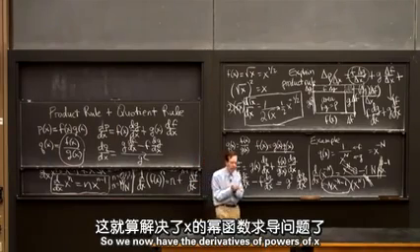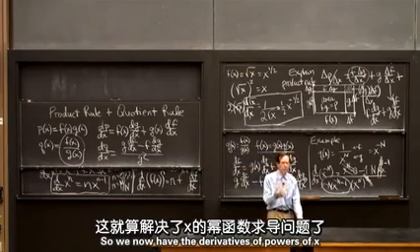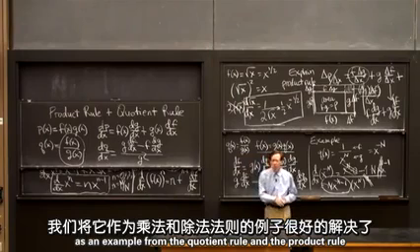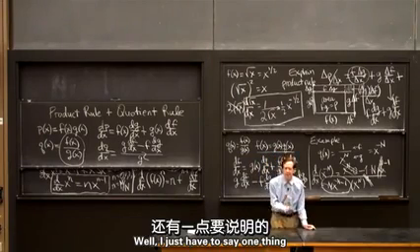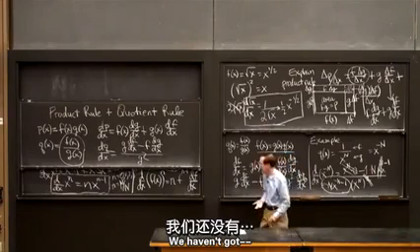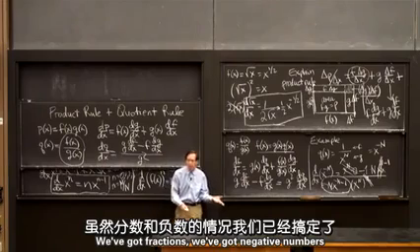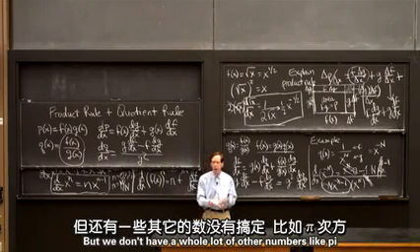So we now have the derivatives of powers of x as an example from the quotient rule and the product rule. Well, I just have to say one thing. We've got fractions, we've got negative numbers, but we don't have a whole lot of other numbers like pi.